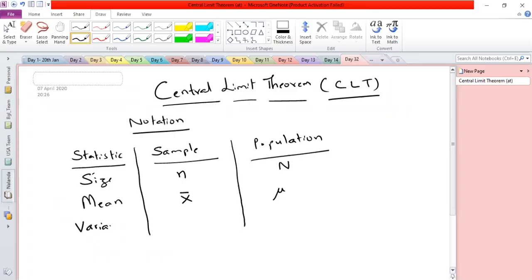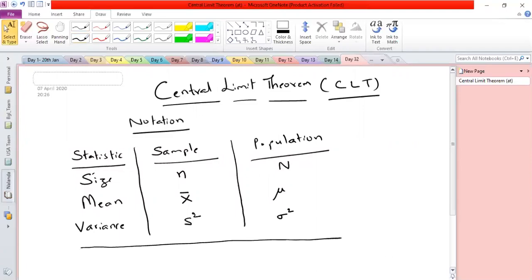Variance: capital S square is called sample variance. For population, it is always referred to as sigma square. The square root of variance will give you your standard deviation. So this is the notation that we followed so far. I just wanted to bring it to your notice once again so that you will have the clarity.